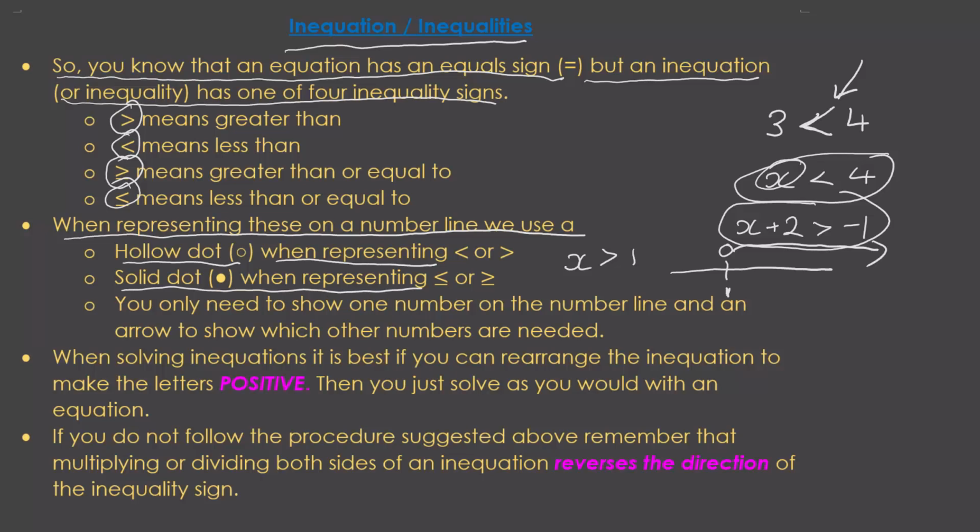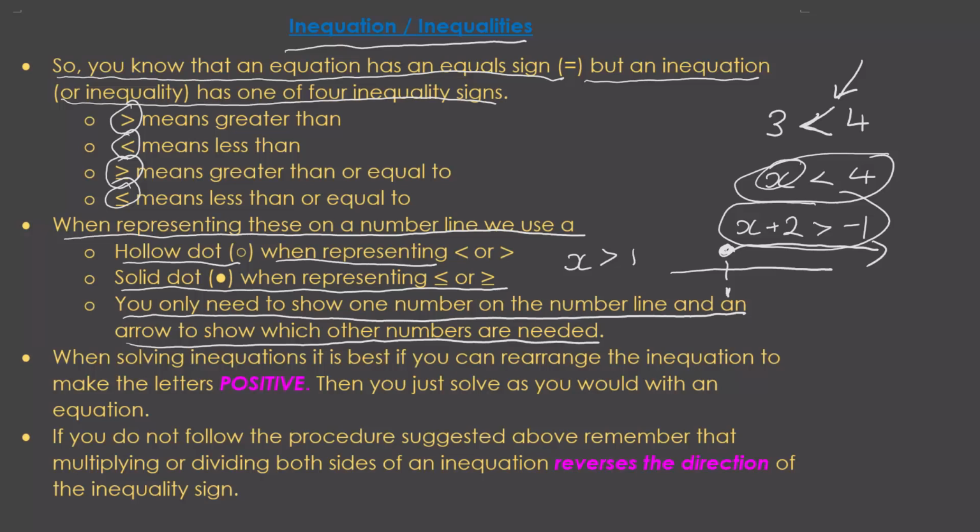And it's a solid dot when it's a greater than or equal to or less than or equal to. We fill in the dot in that situation. You only really need to show one number on the number line and an arrow to show which other numbers are needed.